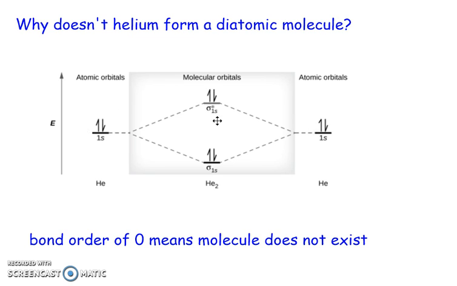When those 1s's combine, I would have sigma 1s with lower energy and sigma star 1s with higher energy. When I go to fill up that molecular orbital diagram, I end up with 2 bonding electrons and 2 antibonding electrons. So for bond order, 2 minus 2 divided by 2 gives me a bond order of 0. So this molecule does not exist.